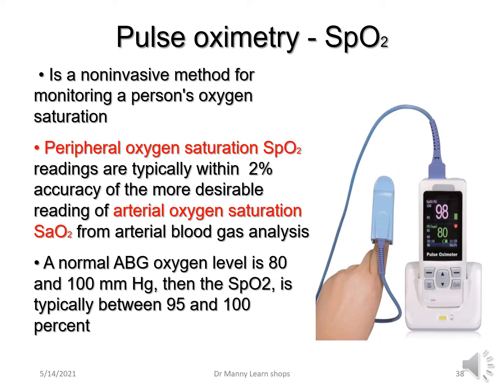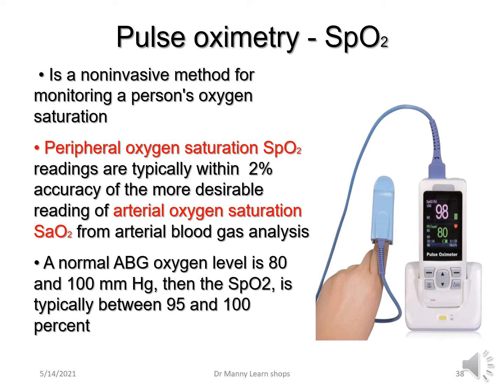Then you've got pulse oximetry, and we're going to focus on the saturation in particular. And pulse oximetry is a non-invasive method for monitoring a patient's or person's oxygen saturation and their pulse. Peripheral oxygen saturation, SpO2, the readings are typically within 2% of accuracy of the more desirable reading of an arterial saturation, which again isn't really easily accessible because you need to have a blood gas taken in order to perform analysis.